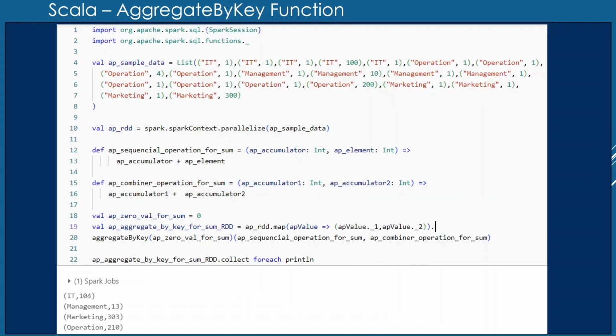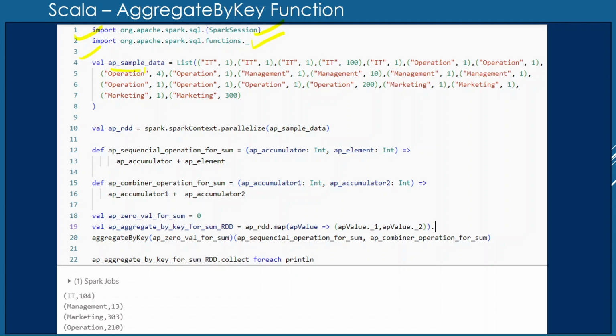Let's do an exercise which demonstrates how the aggregateByKey function works in Scala. Here you can see these two lines. With the help of this import statement, I am importing a SparkSession, and with the help of this import statement, I am importing all the functions.